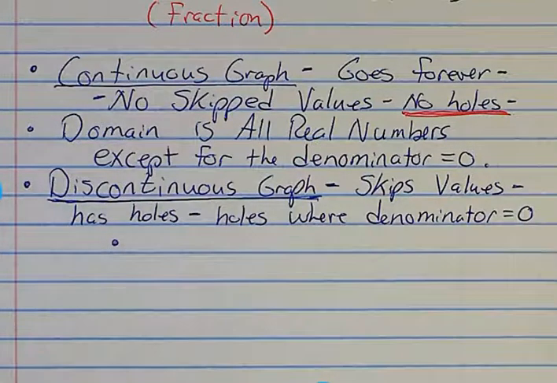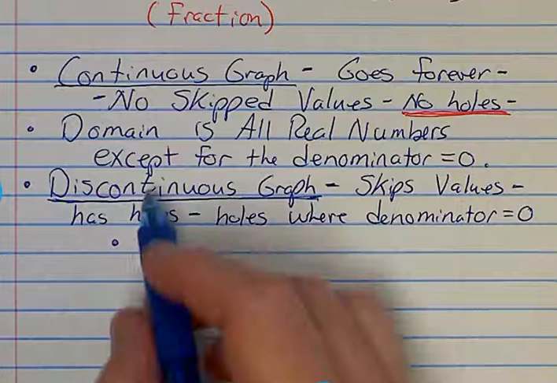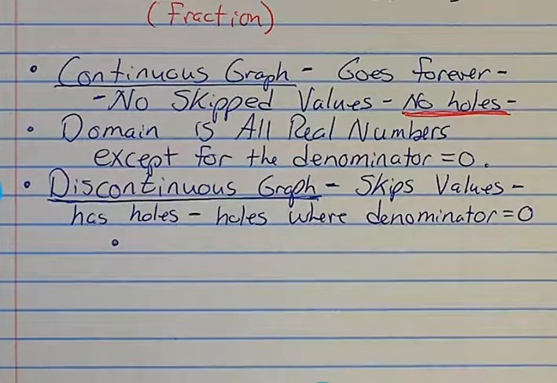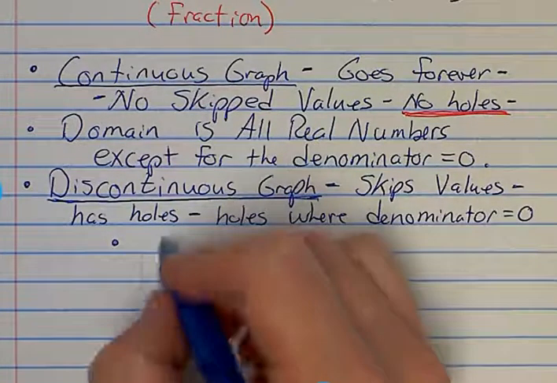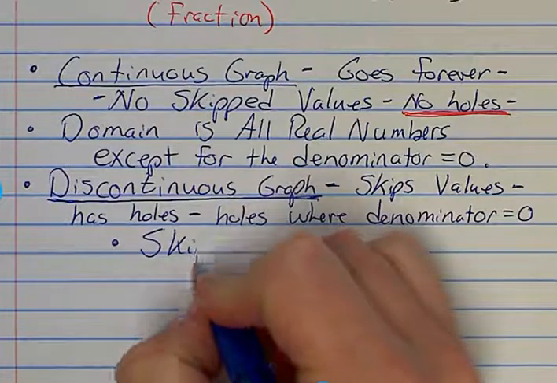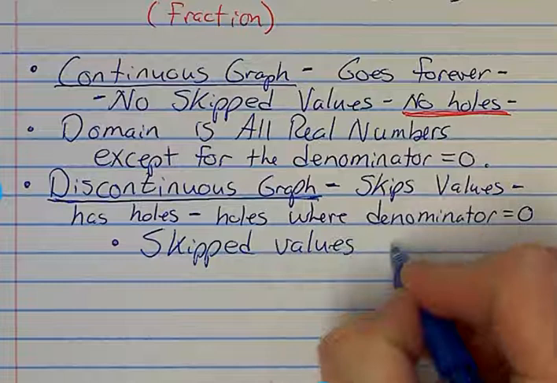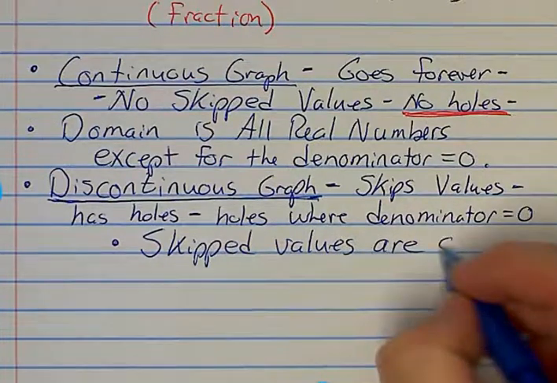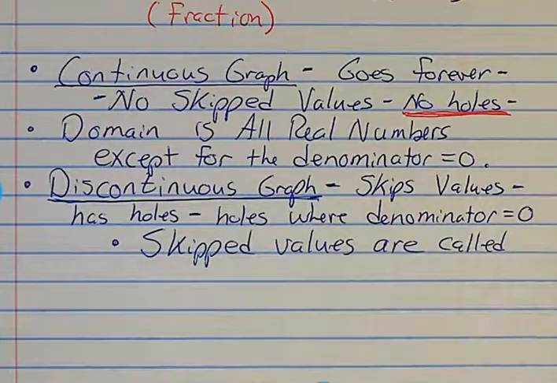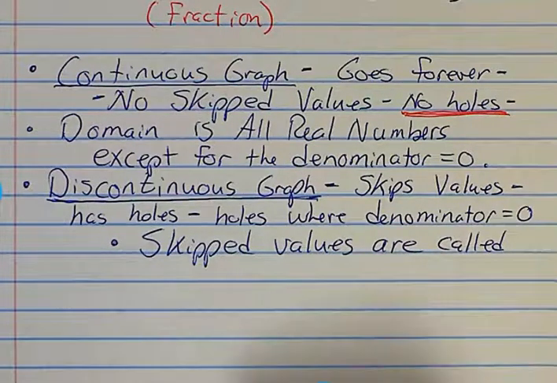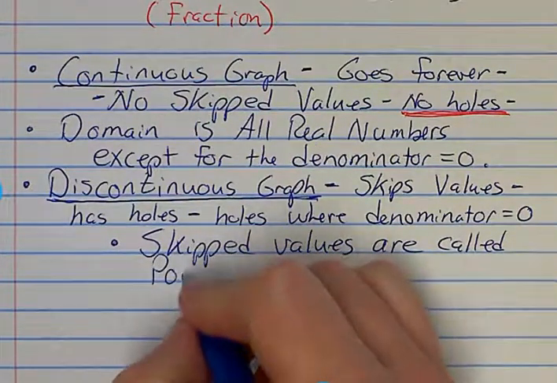Now here's where we're going to put a definition with a definition, because this part goes with the discontinuous graph here. When we skip those values, whenever you skip over a value when you're going through these, they're going to call those points of discontinuity.